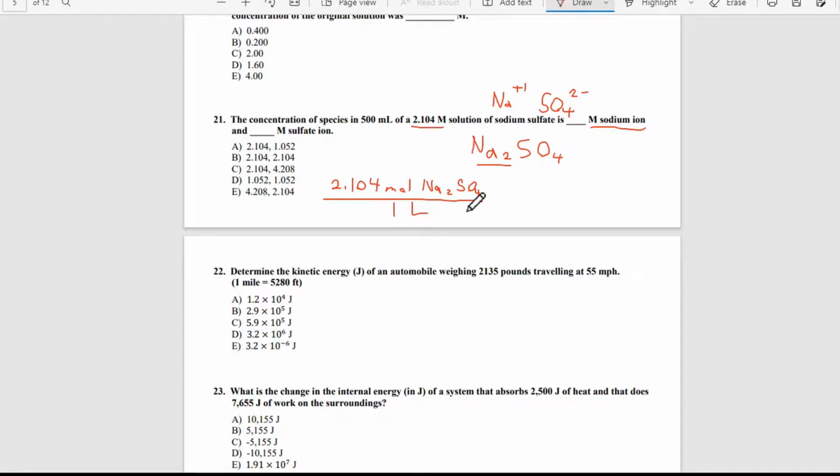So I could just say, okay, well, I know that for every mole of sodium sulfate, I'm going to have how many moles of sodium ion? 2. And therefore, that gives me what?